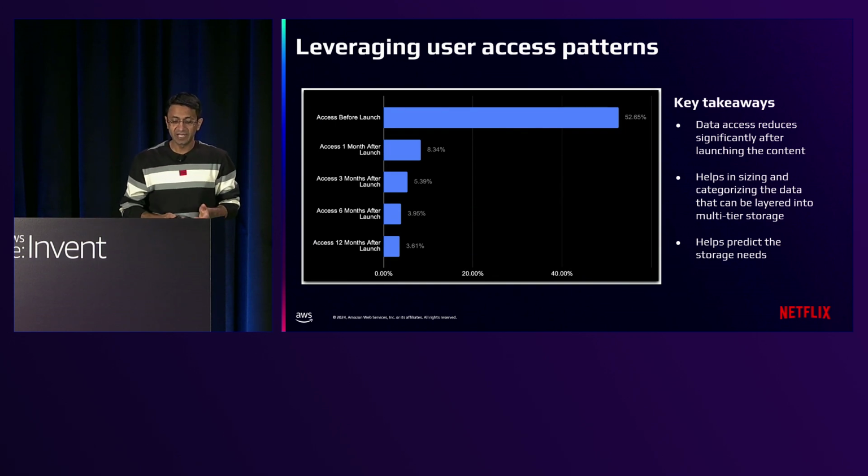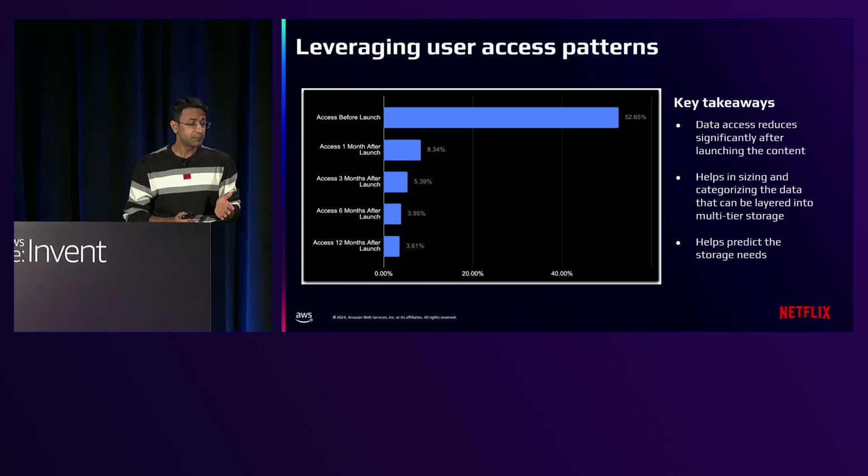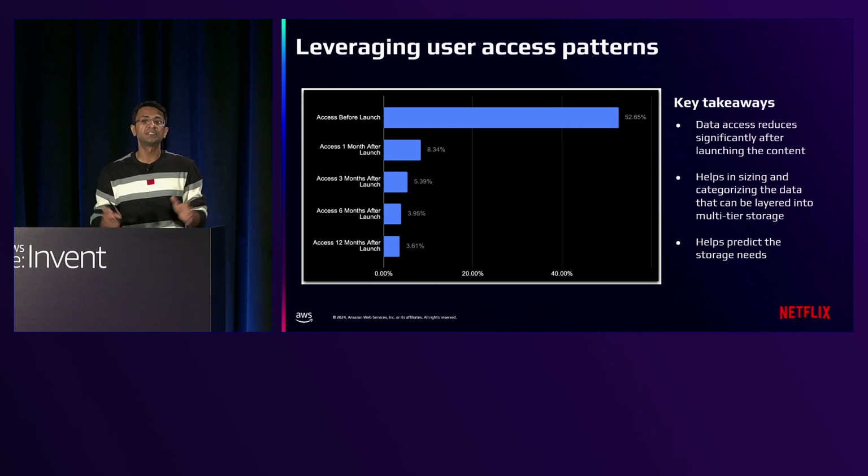This graph tells a fascinating story about how content access patterns evolve over time. Notice the initial spike. 53% of all access activity happens before title launch. This is when content is actively being utilized by our apps. This is the processing phase of the life cycle we talked about.